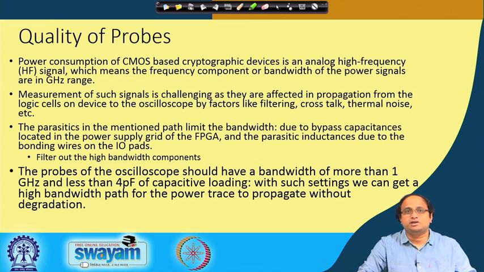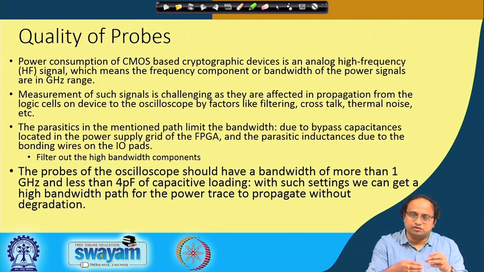Therefore, measuring these signals could be challenging, because when you are transferring the power signal from your target to the oscilloscope, there are a lot of things through which the signal is traveling, and because of that there could be components which are lost. There could be high frequency components which are lost.